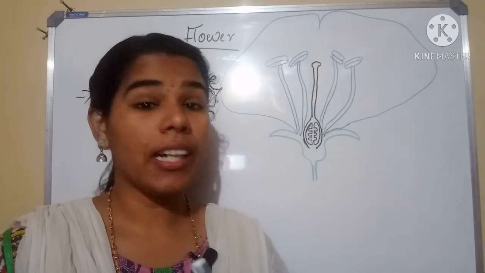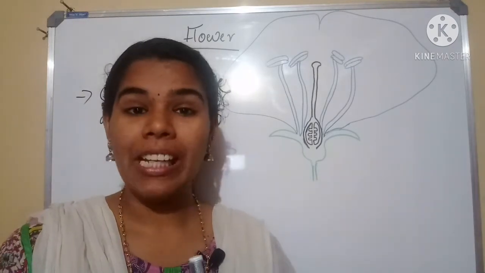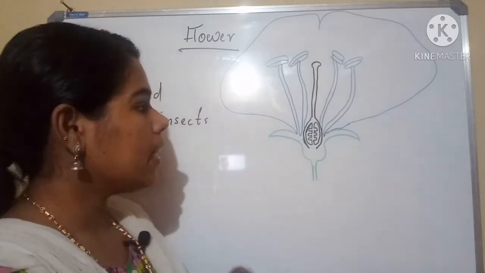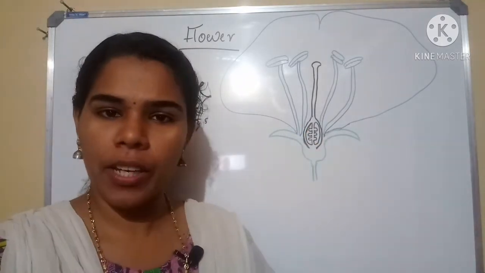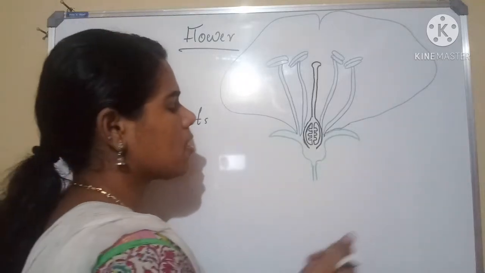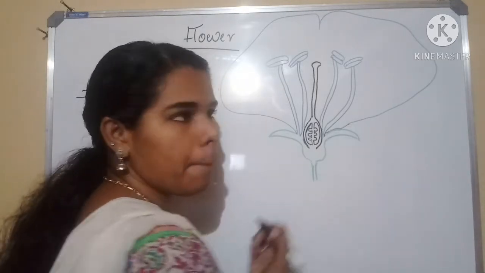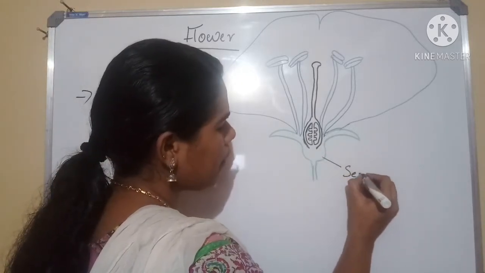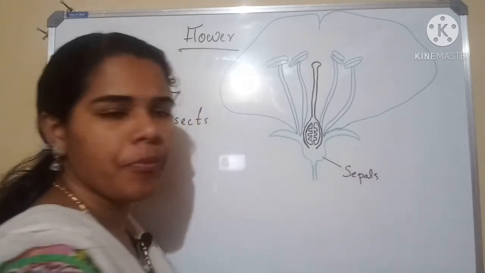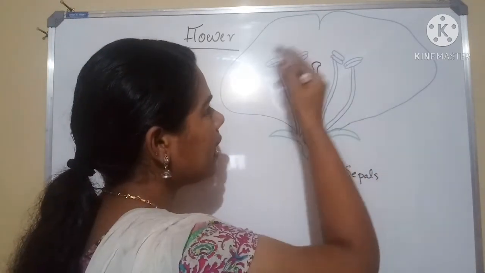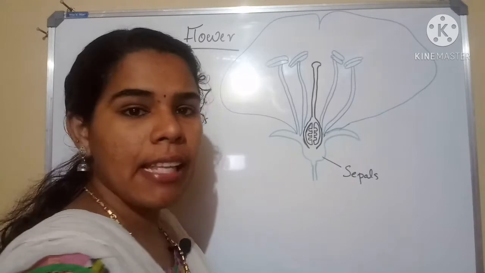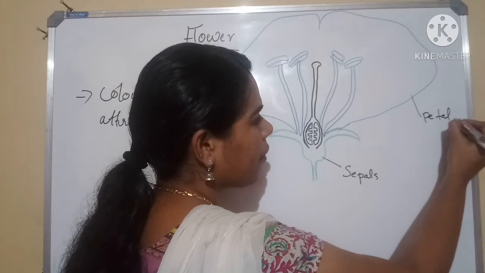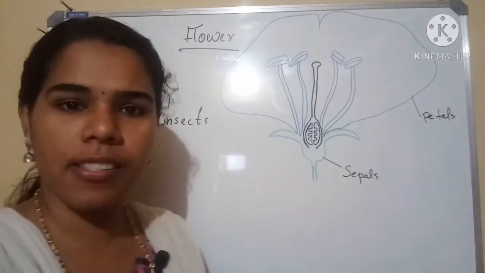Okay dears, when you cut a flower and observe inside, we can see different parts. First, the greenish part is called sepals, and the variously colored part is known as petals, which help to attract the insects.